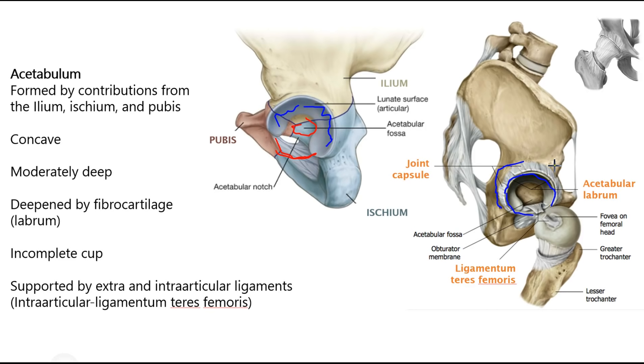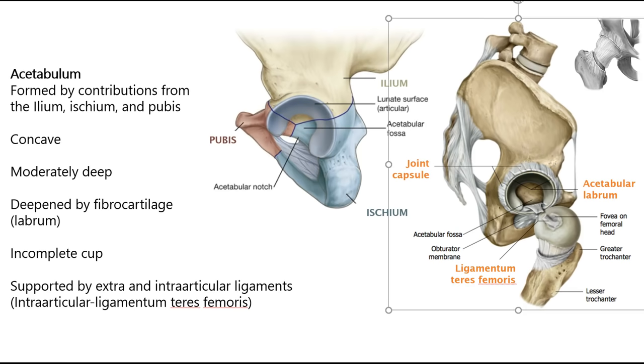The head of the femur is also covered in hyaline cartilage, which is thickest over the areas which bear considerable weight. The exception, however, is right in this area, and that's called the fovea, the pit in the head of the femur for the attachment of the ligamentum teres femoris, or the ligament to the head of the femur.